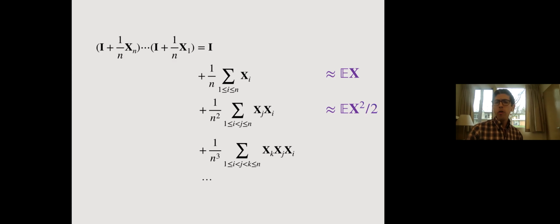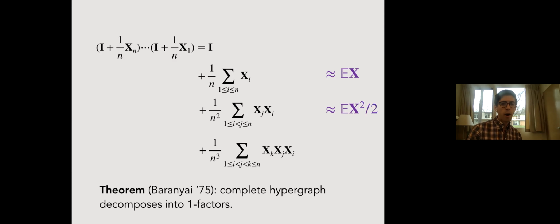Luckily, the good news is that people who work on graph theory already know the answer to this question. So it's a theorem of Baranyai that any complete hypergraph decomposes into 1-factors, which is just a fancy way of saying that when I'm in the third term or the higher terms, I have just a complete hypergraph. Instead of edges, I now have hyperedges.